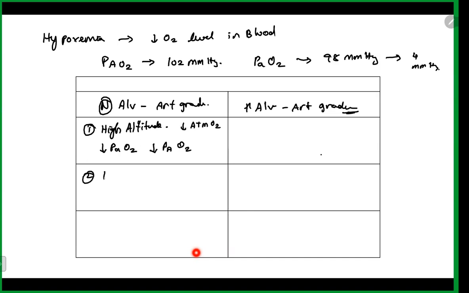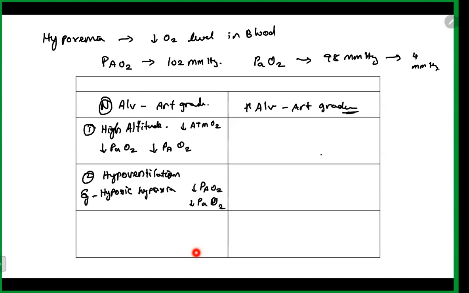Second, hypoventilation, when there is reduced oxygen availability in the atmosphere. Again, that is also hypoxic hypoxia. In hypoxic hypoxia also, what happens? There is a reduction in the partial pressure of oxygen in the alveoli and in the artery.